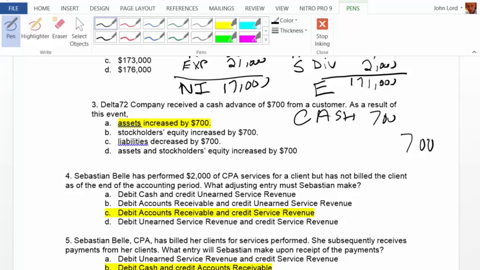If you're stuck on a journal entry and cash is involved, is cash an asset? When it increases, do we debit it? So when the problem says that you receive cash, I write debit to cash down. I don't have to think about the debit anymore. Now I've got all that extra brain power for the credit side of it, don't I?